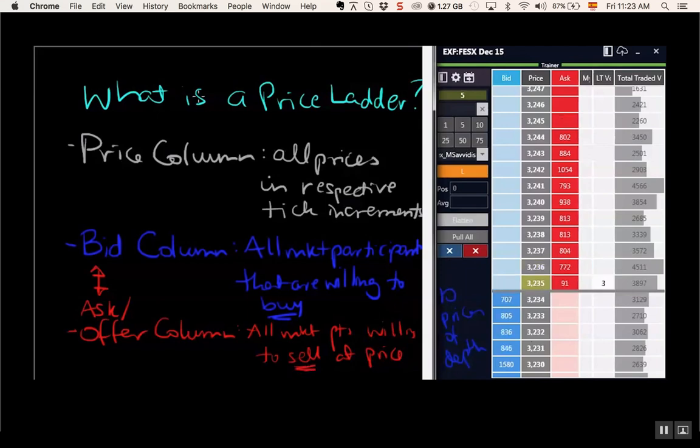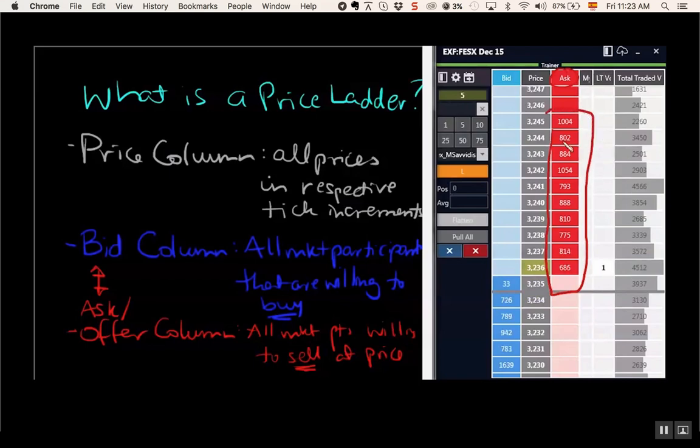So if we take a quick look over at the columns on the right hand side, you'll see the ask in here, and all of these market participants here are the ones that are willing to sell, with all the market participants here all that are willing to buy.